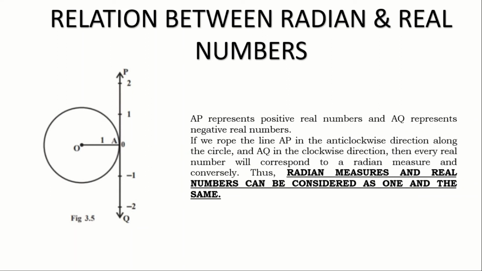Next is the relationship between radians and real numbers. You have to look at the diagram shown here, figure 3.5. Here AP represents positive real numbers. PQ is the tangent and OA is the radius of the circle. You can see the circle with radius OA, which is 1 centimeter.